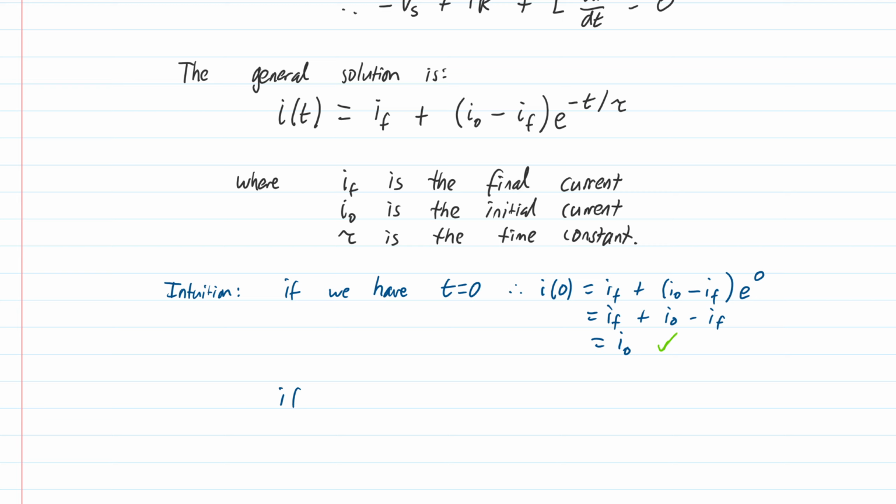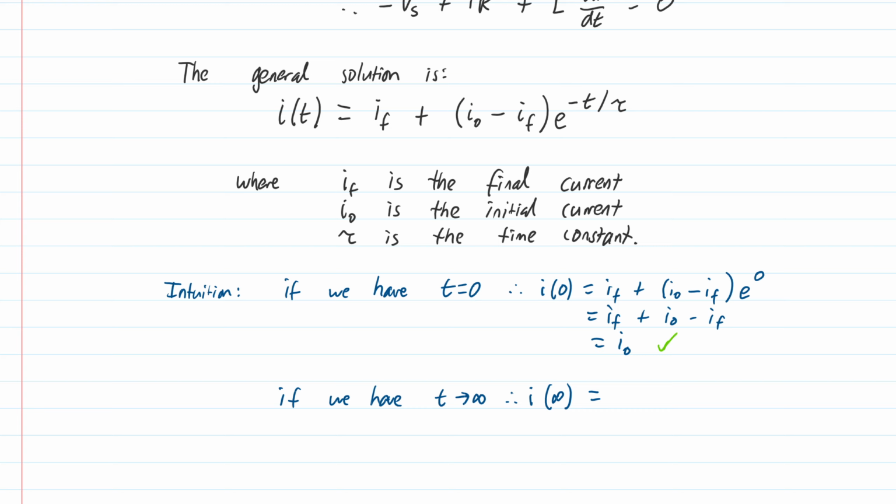We can also say if we have the limit as t goes to infinity, then we will have I of infinity. I'm just writing it like this. I know it should be a limit, but we can just be concise with our notation.